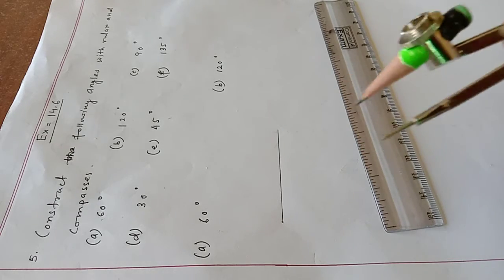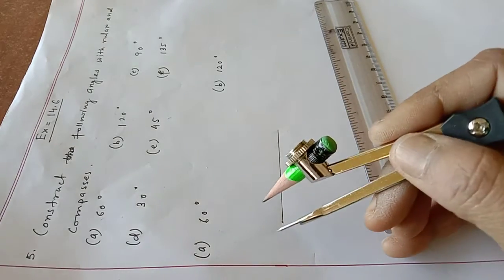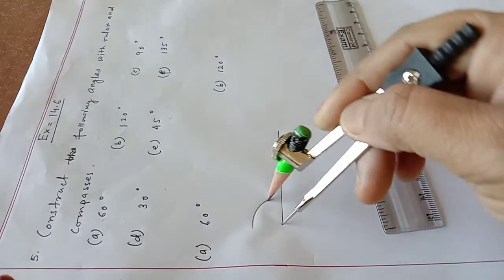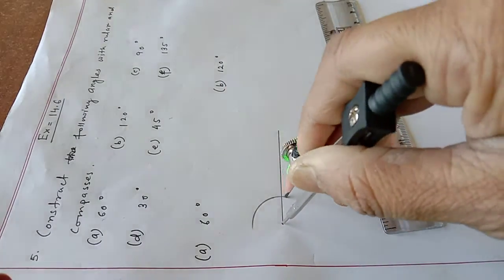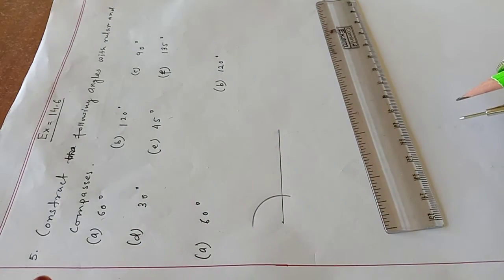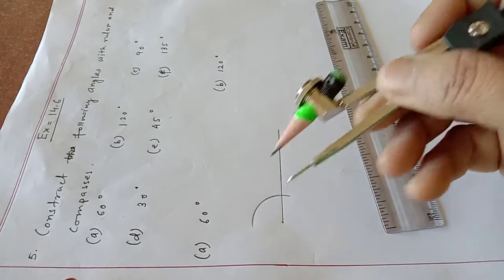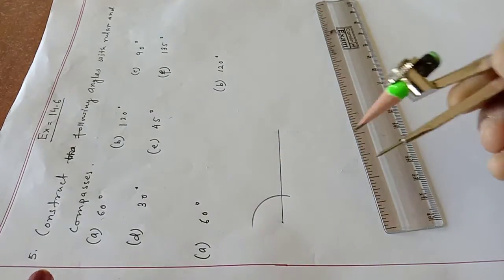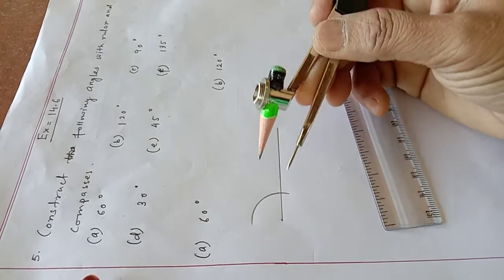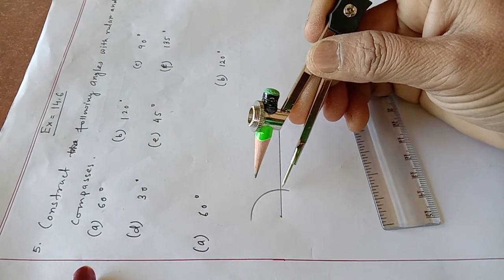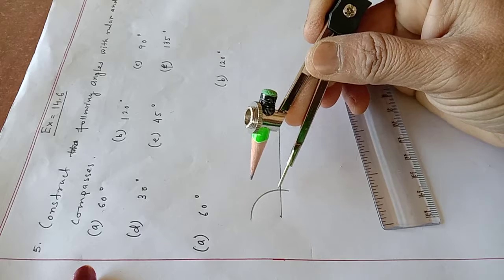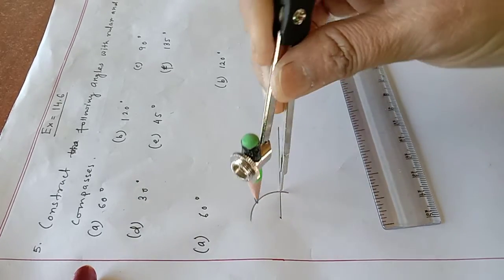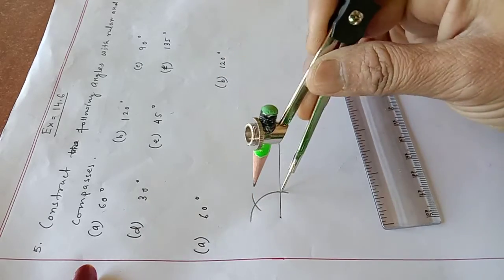Now take any measurement of the arc and put the pointer over here and draw the arc. Understood? And then with the same measurement, you don't change the measurement, you will put the pointer on the line where the arc has met and mark another arc.